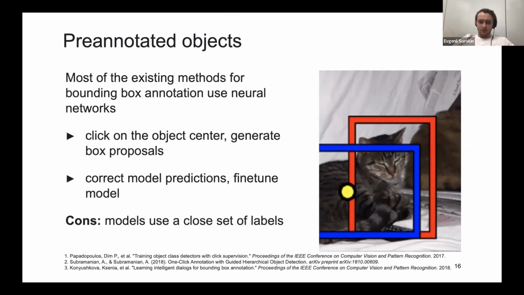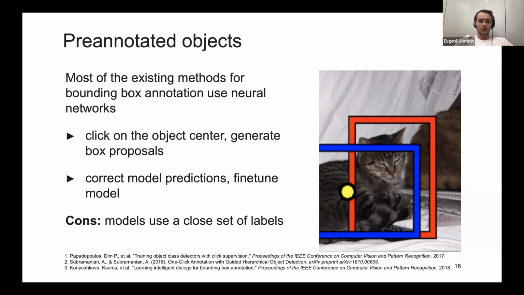The idea is very simple. One option is to ask a Toloker to simply tell us whether or not the suggested rectangle around the object is correct. Another option is to ask the Toloker, please put a dot in the center of an object which we need to annotate, and some tool will somehow create a rectangular proposal around it.